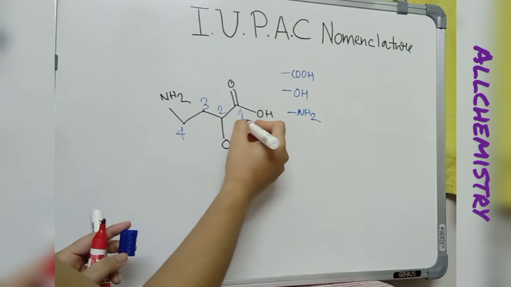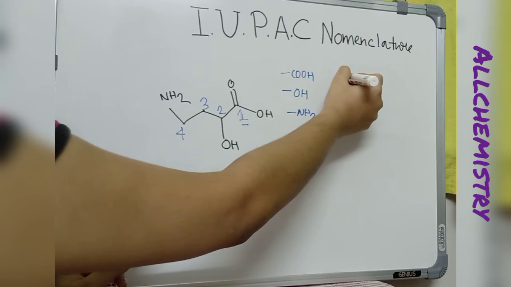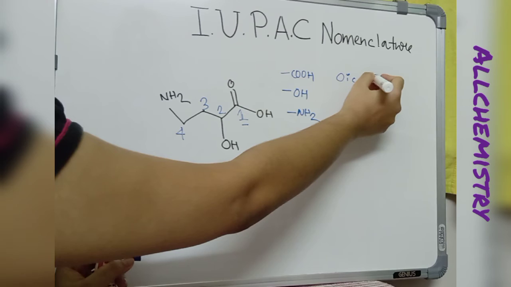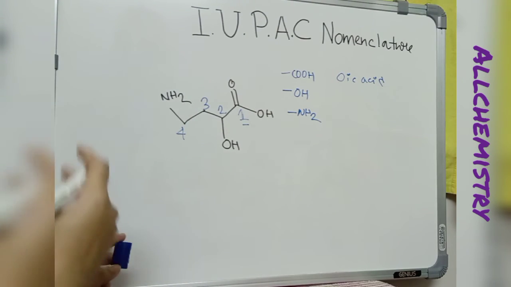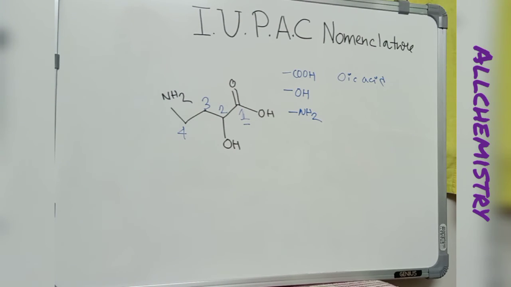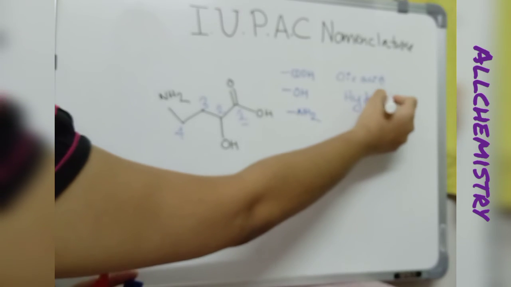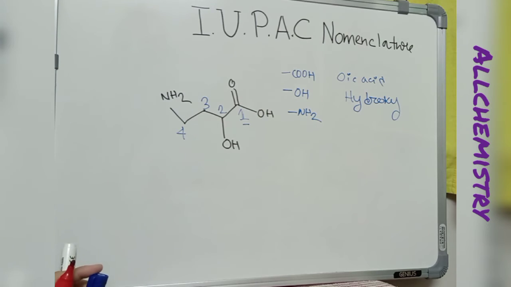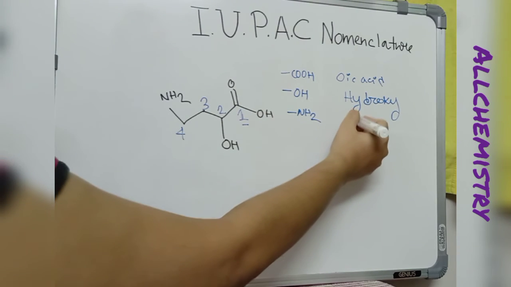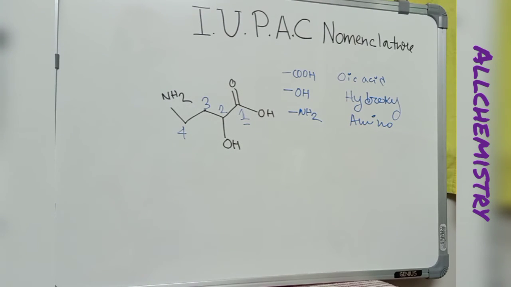So we will take the suffix of the carboxyl group, which means we will take oic acid here, and then the hydroxyl group, whose prefix is hydroxy, and the prefix of the NH2 group is amino. Now look, our general rule. What is our general rule here?